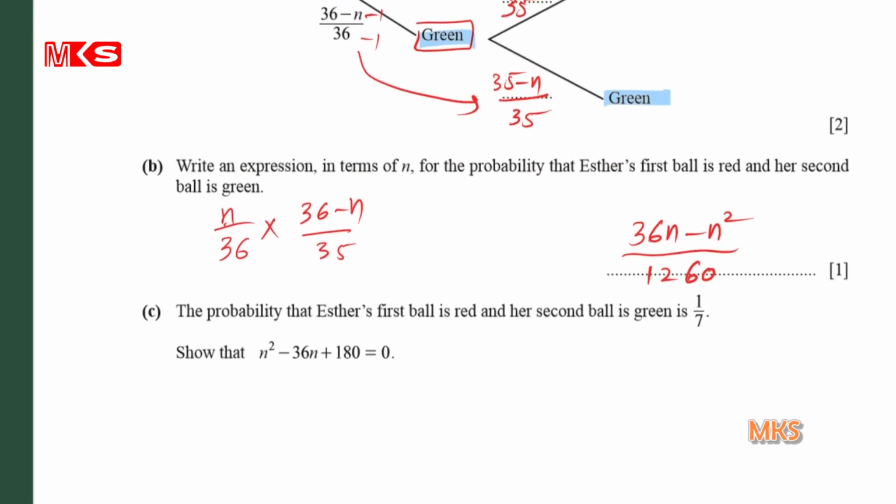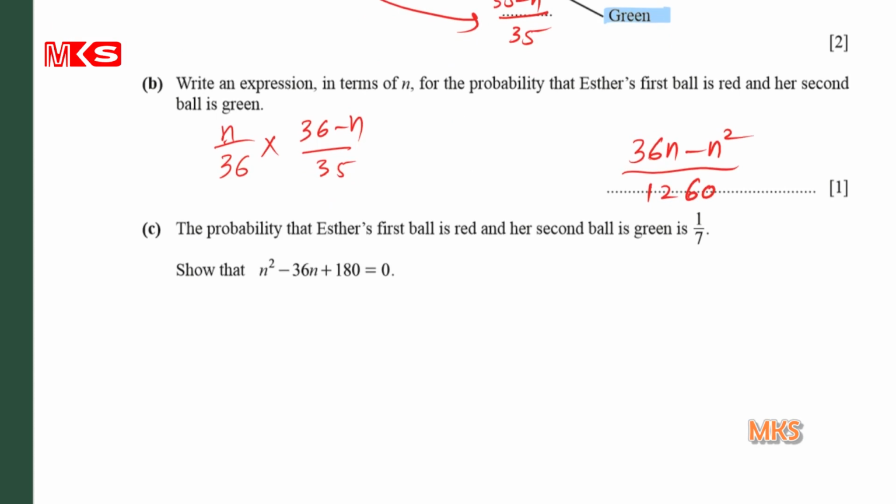C part: the probability that Esther's first ball is red and her second ball is green is 1 over 7. It means 36n minus n square over 1260 is equal to 1 over 7.